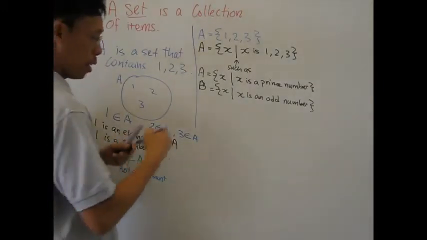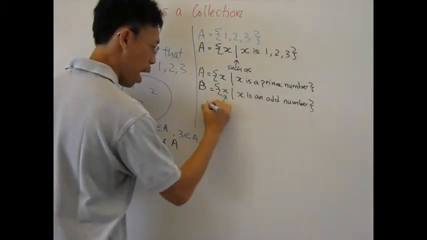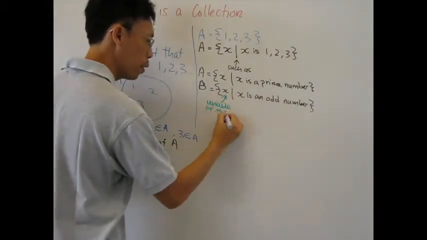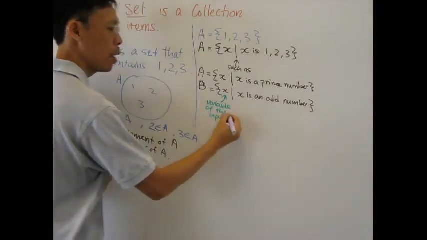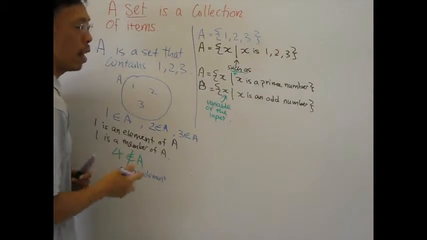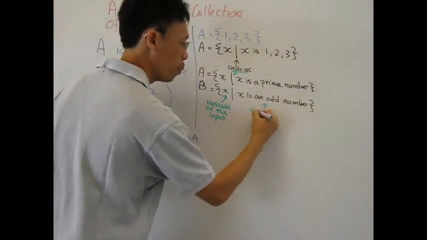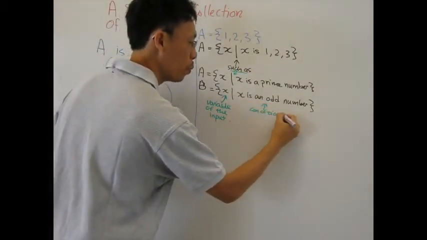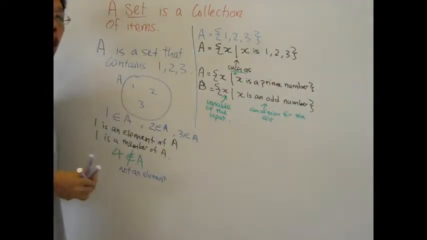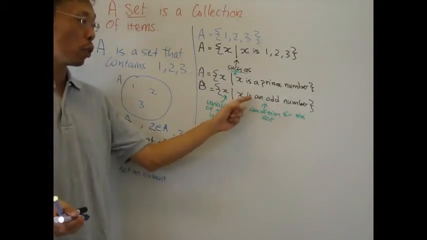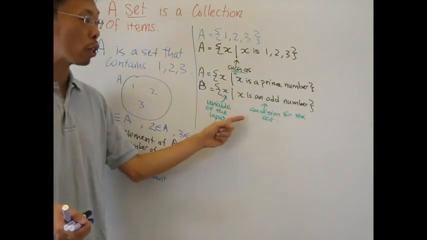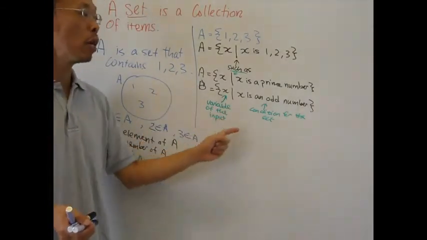Here, this x represents the variable, the input, and here is the condition for the set. So x has to satisfy this condition to be a member. So in order to get membership in B, you have to satisfy this condition.